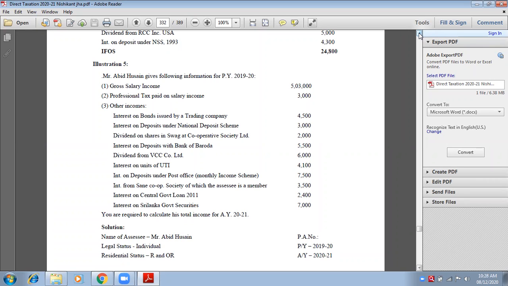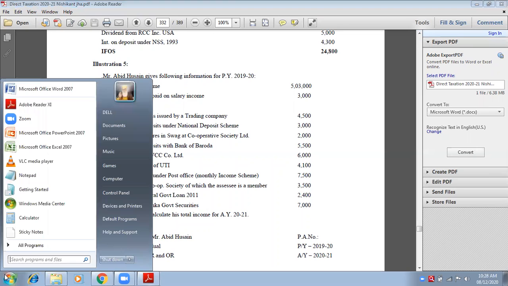Write down gross salary. Inner column 5,03,000. Write it in the inner column, 5,03,000. Next, less deductions under section 16.